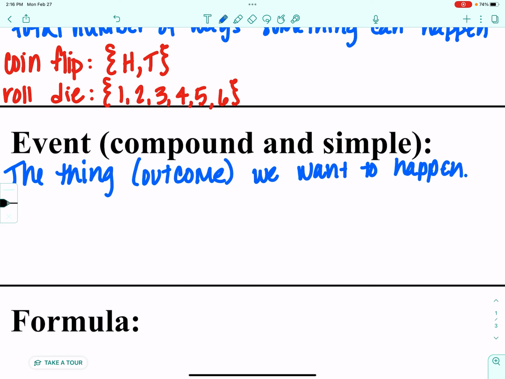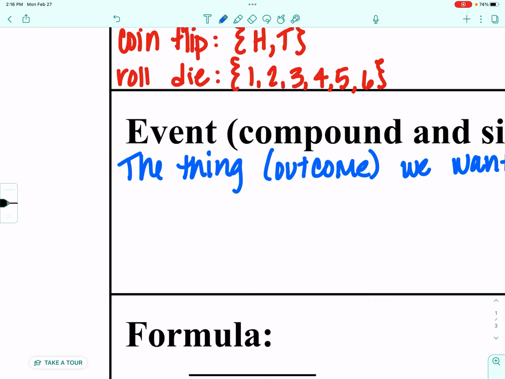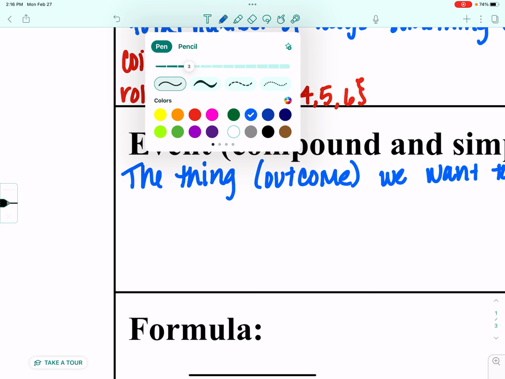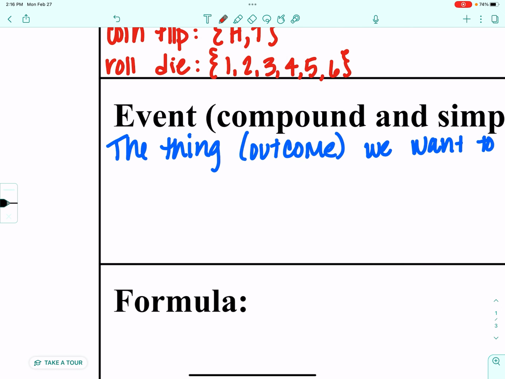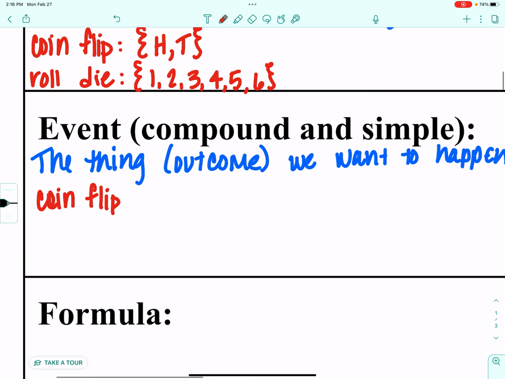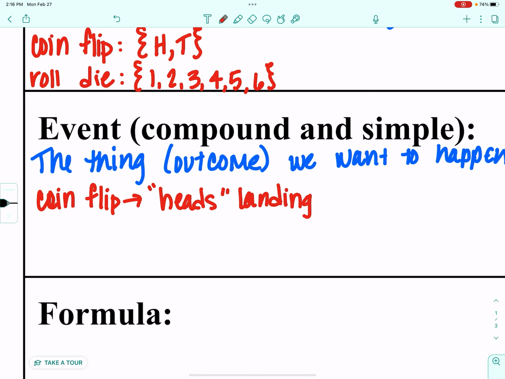So if we were flipping a coin and we wanted heads, so heads landing up would be an event.